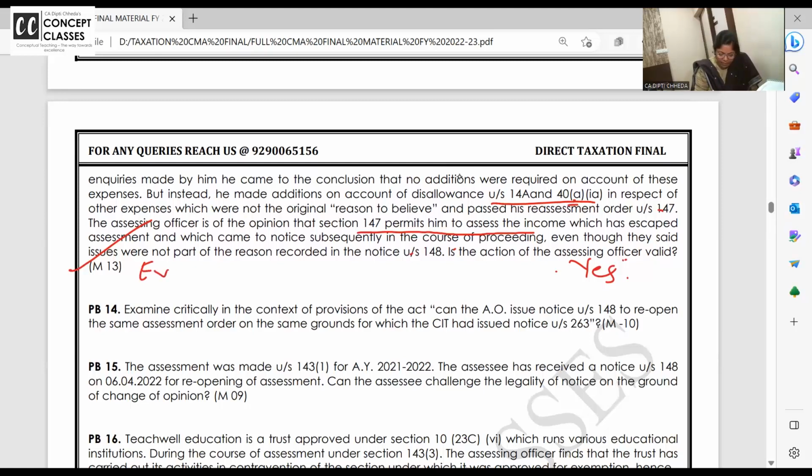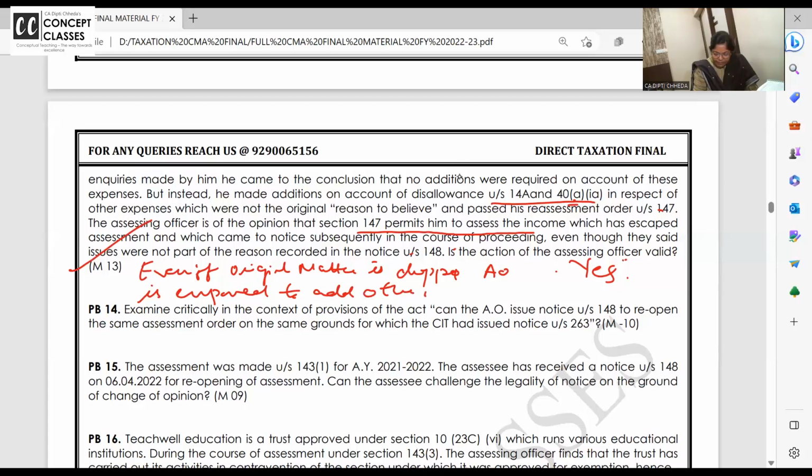Write down. Even if the original matter is dropped, the matter above, it is dropped, the AO is empowered to add other income, even if no notice is issued for the same.